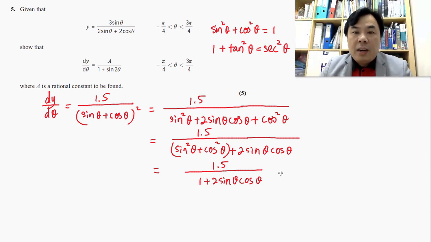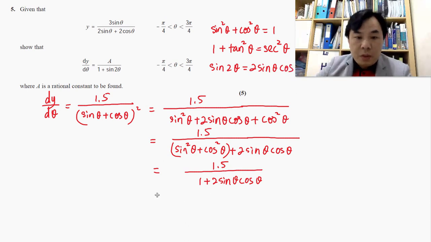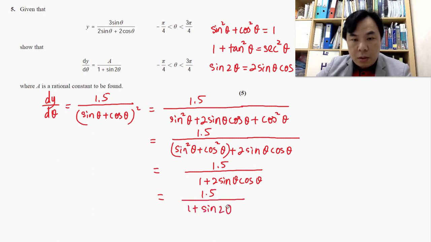One last identity that we need to apply will be here. We know that from the double angle identity, sine 2 theta is given as 2 sine theta cos theta. So from here, we can finalize our answer as sine 2 theta. And then there you have it. We have successfully proven this particular derivative.